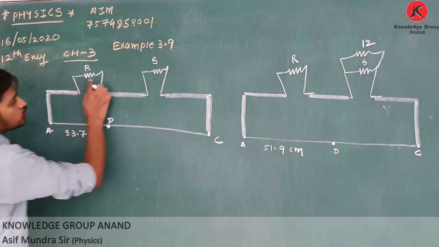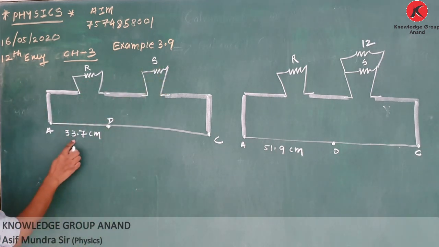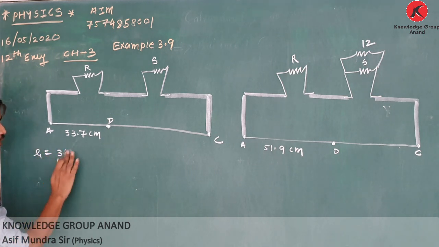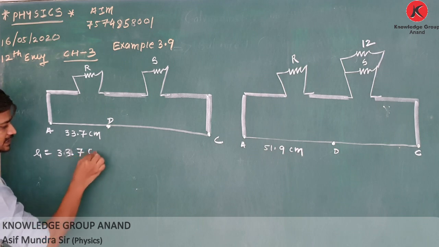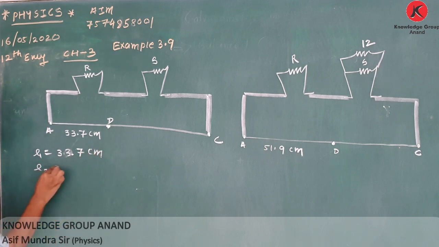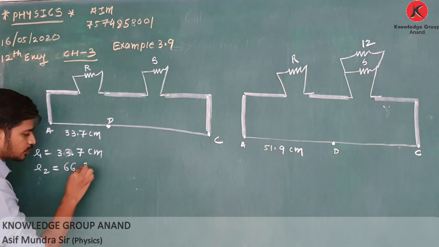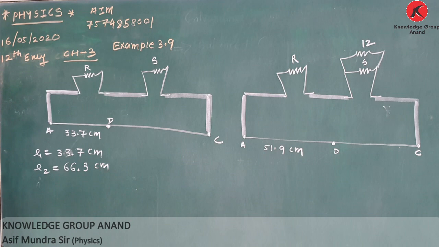See, here are two resistors R and S. The null point is at 33.7, so it is called L1. Here L1 is 33.7 centimeter. Then what is the value of L2? Yes, 100 minus 33.7, so L2 is equal to 66.3 centimeter. Clear about this?